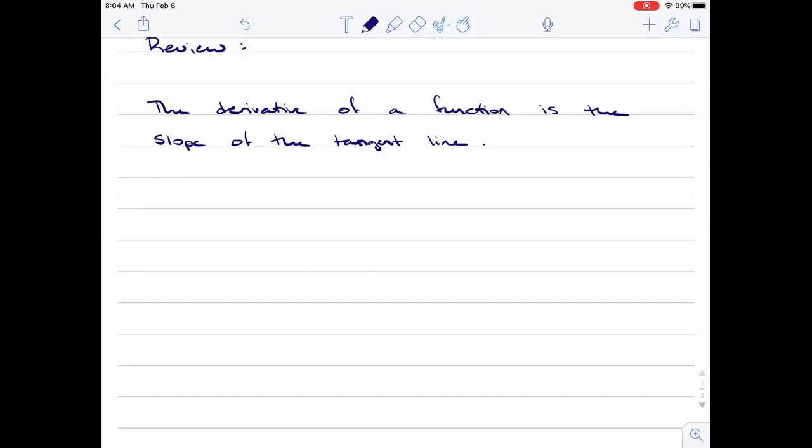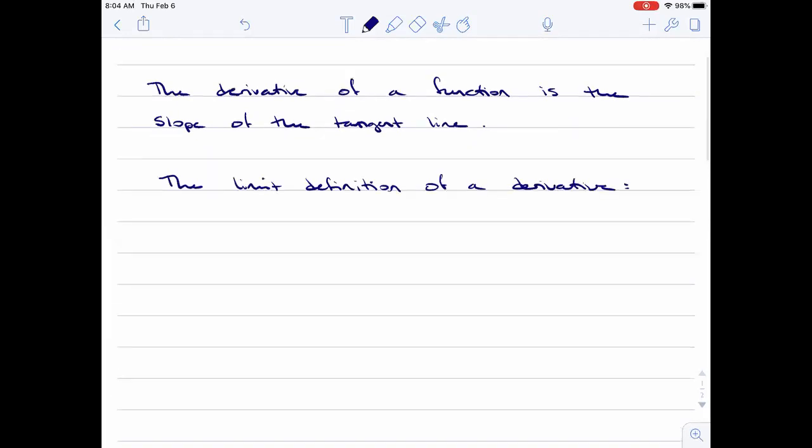And then we said the limit definition of a derivative is this.